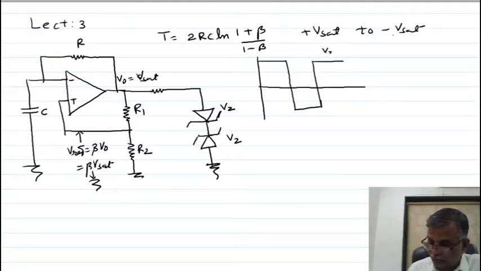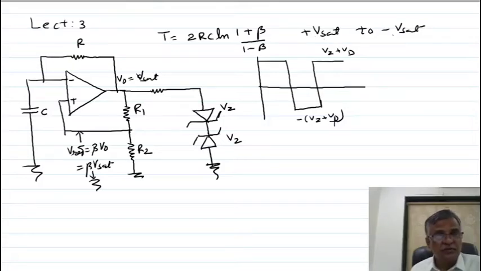Here output voltage will be Vz plus Vd, and this output voltage is minus Vz plus Vd. If you want to change the magnitude of the amplitude of the output voltage, you can connect Zener diode back to back as shown in figure. So positive is Vz plus Vd, and negative is minus into bracket Vz plus Vd.